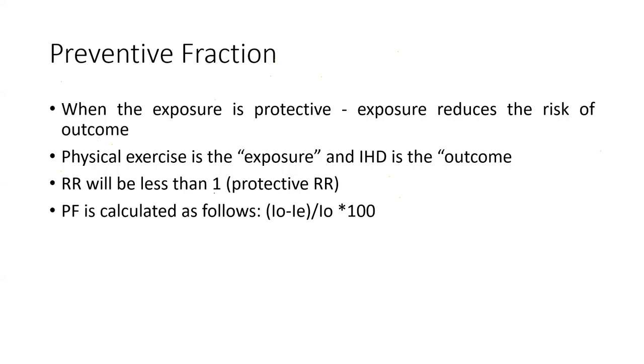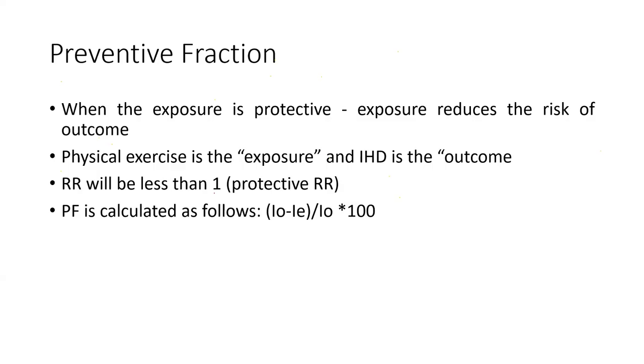So this comes from the concept of preventive fraction. When you talk of attributable risk, it is when the risk is more in the exposed as compared to the unexposed. But when you're doing an intervention study, your interventions are going to be protective. So the incidence in the intervention group is going to be less as compared to the placebo or the standard treatment group.